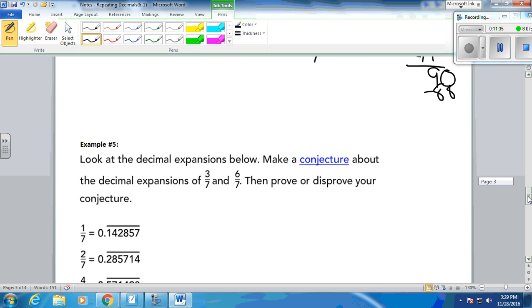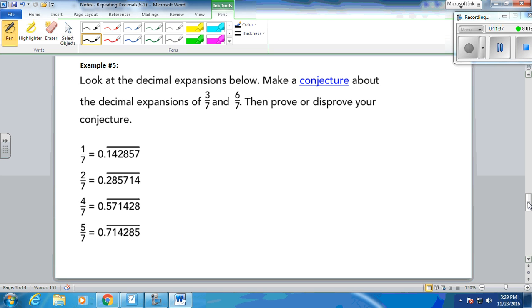So now, number 5 is saying to look at the decimal expansions below and make a conjecture. Conjecture is very similar to kind of a hypothesis or a theory. Make a conjecture about the decimal expansions of 3/7 and 6/7, and then prove or disprove your conjecture. So what they are showing us here is what 1/7, 2/7, 4/7, and 5/7 is equal to as a decimal.